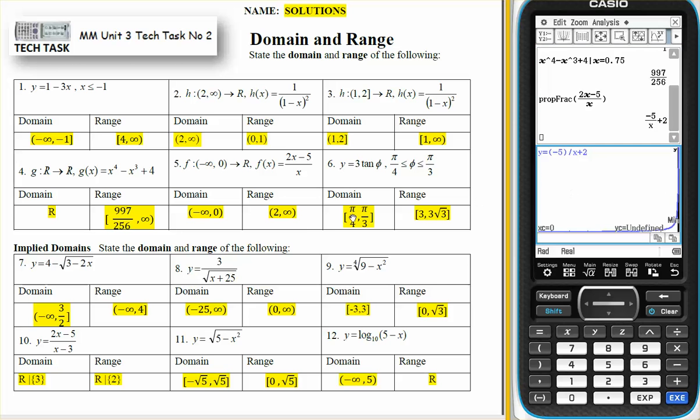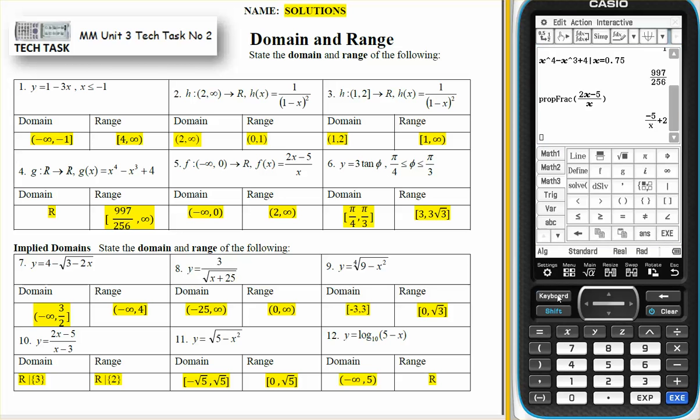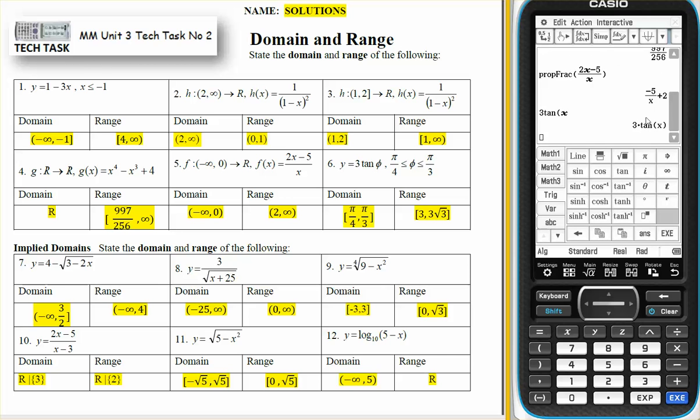Question number 6. This is my domain, so from pi on 4 to pi on 3, it's 3 tan of x. So if I bring up the keyboard, 3 trig tan of x, I'm in radians, that's good.